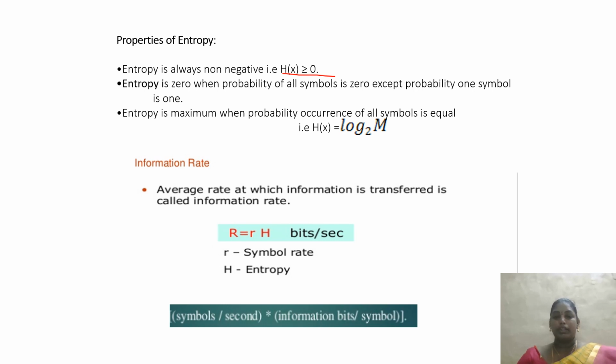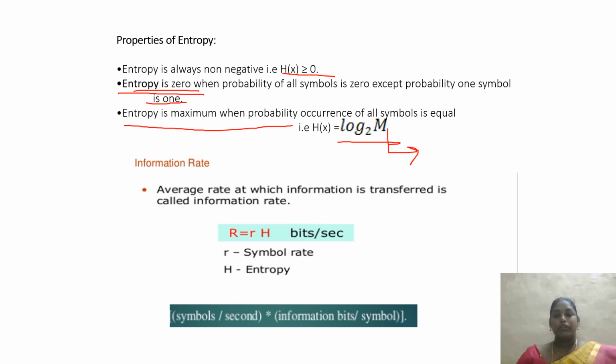It should never be negative. Then entropy is 0 when all symbol probabilities are 0 except one, that is, if any one symbol has probability 1, the average information will be 0. For all the symbols, the normal definition uses log base 2 of m, where m is the number of symbols in the source.